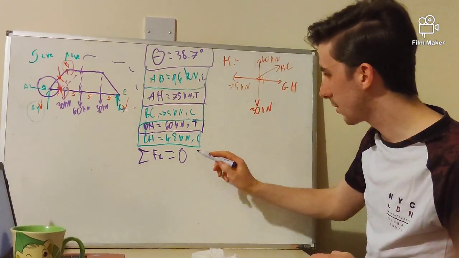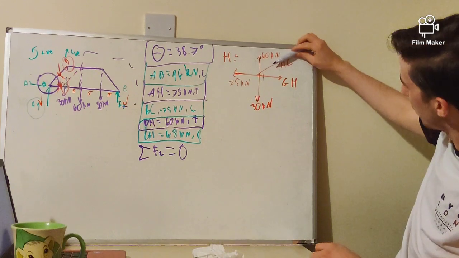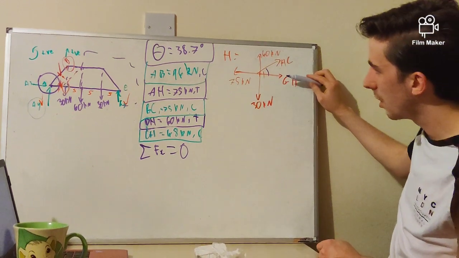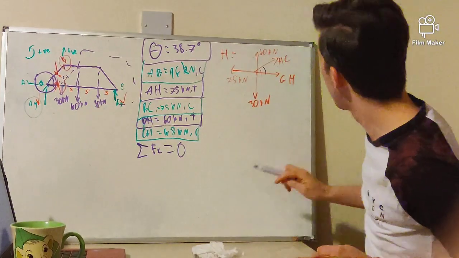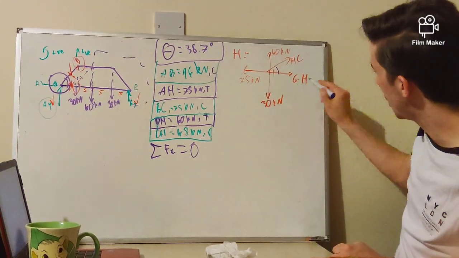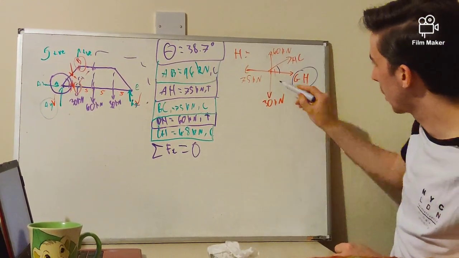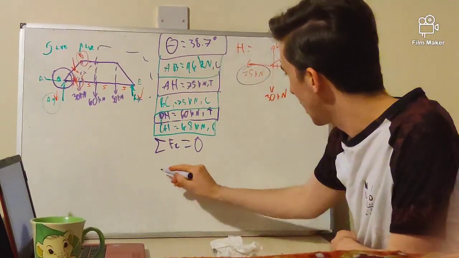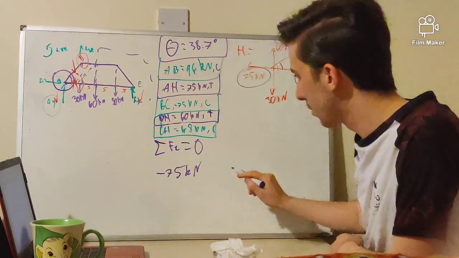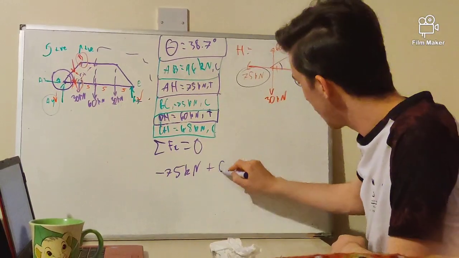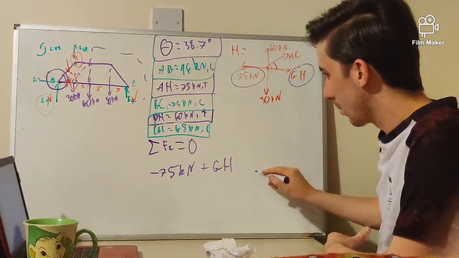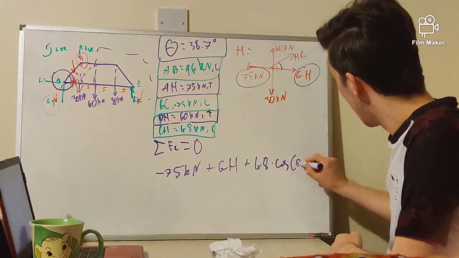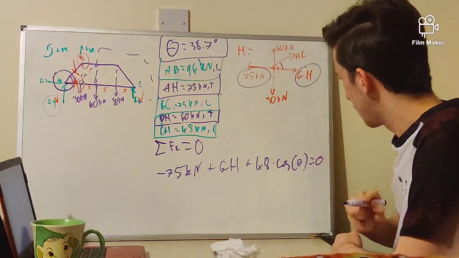Sum of the forces in Fx equals 0, so we know whatever this is, this 48, whatever comes through the angle, because that's going to be the same angle, isn't it? It's going to be the same as that, because that's going to be the same as that. Plus GH, which is what we don't know, and that's also going to be added on with a 75, and that's going that way, so that's negative, so we're going to have minus 75 kilonewtons plus GH, whatever that happens to be, and that's also going to be plus 48 times the cosine of theta, and that equals 0.